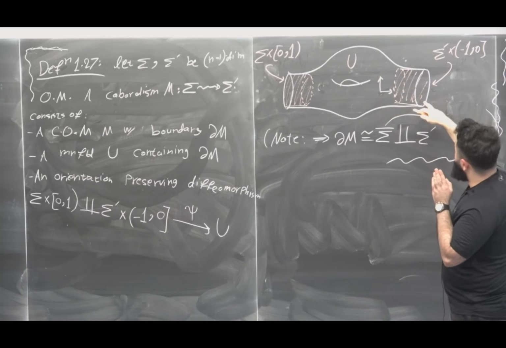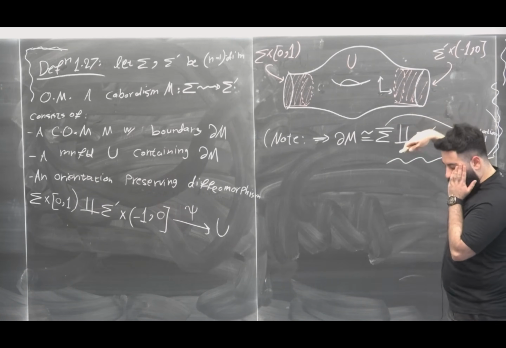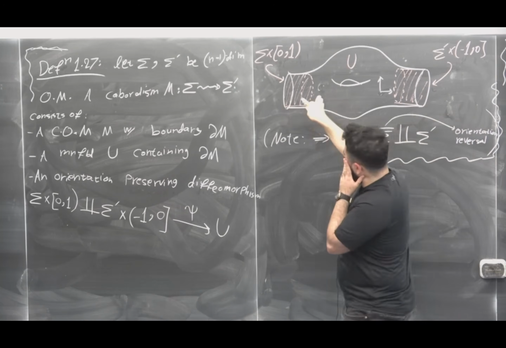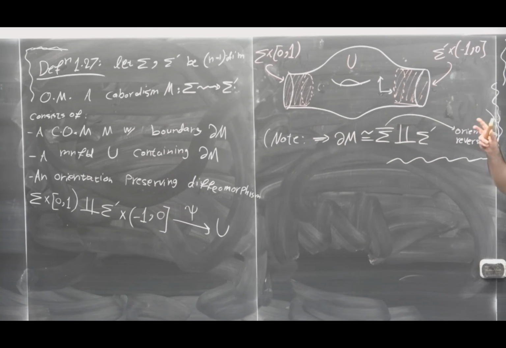This one is outwards pointing, so it will be positive, and for this one it will be inwards pointing. So for that one it should be an orientation reversal, hence the bar on that.